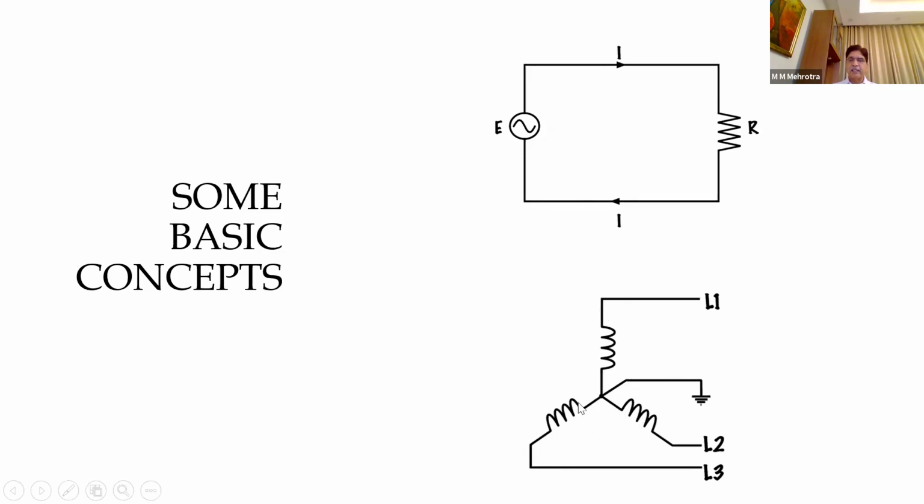If all these currents are equal, then the current in the neutral will be zero. So in this neutral conductor, minimum current will be zero, and maximum will be much less than the full load current.